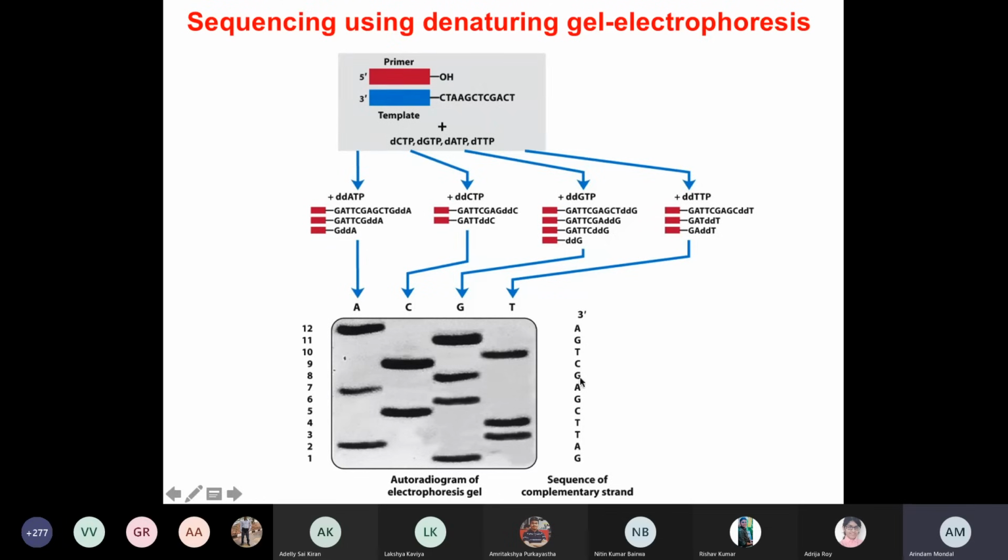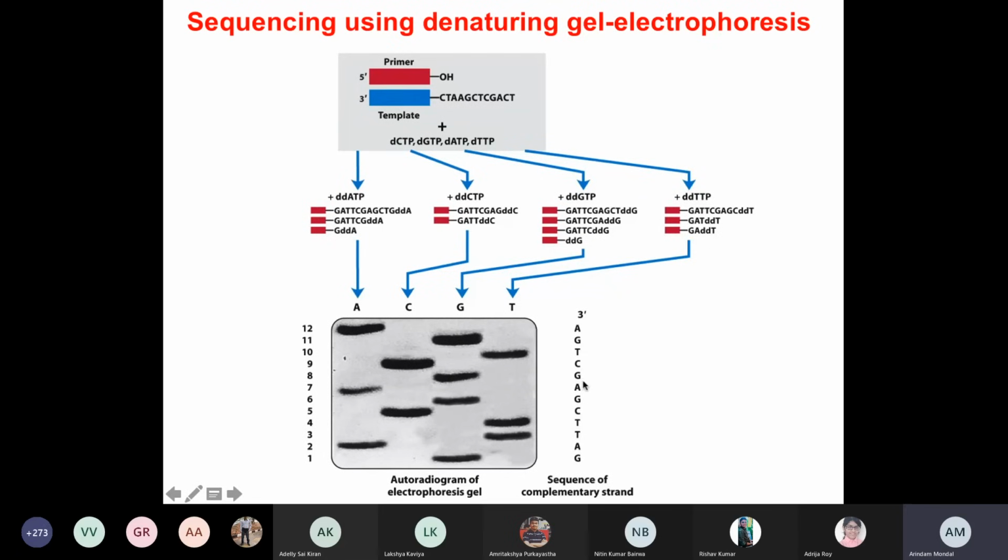So this is the sequence of the complementary strand which got synthesized, right? It got synthesized from 5' to 3' direction. So this is the 5' end, this is the 3' end. The first nucleotide which got incorporated is G, and the last nucleotide which got incorporated is the A. That's why this is 5', this is 3'.